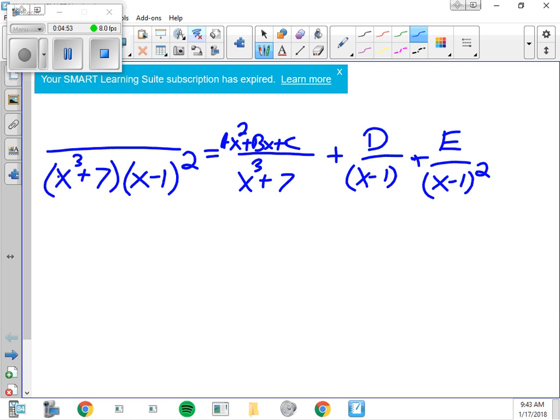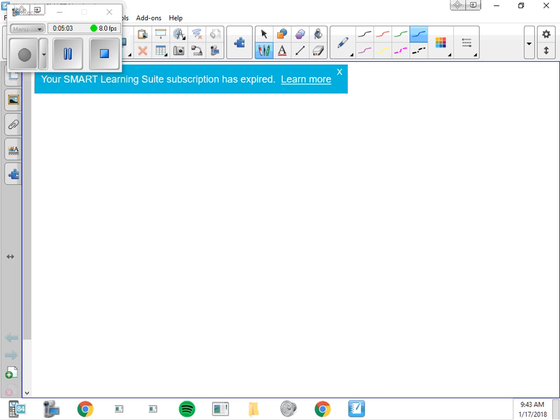Okay, and then there's one thing that I forgot to teach yesterday. If these are improper fractions, if there are more x's on top than there are on bottom, for instance, look at, okay, what page are we on? 872.